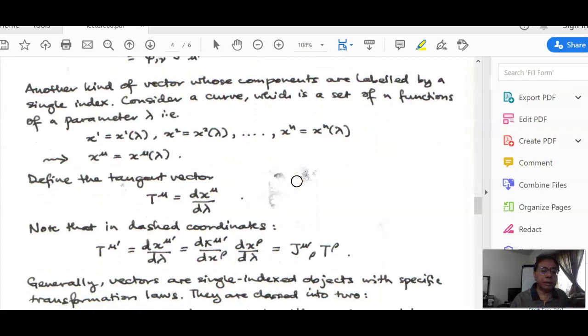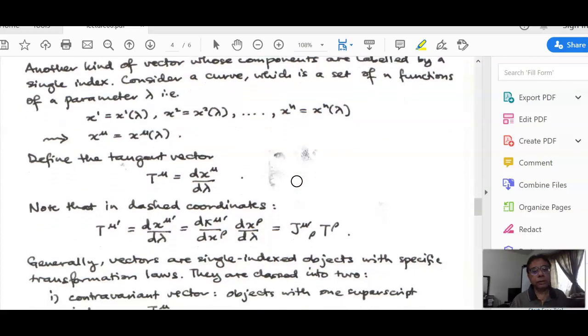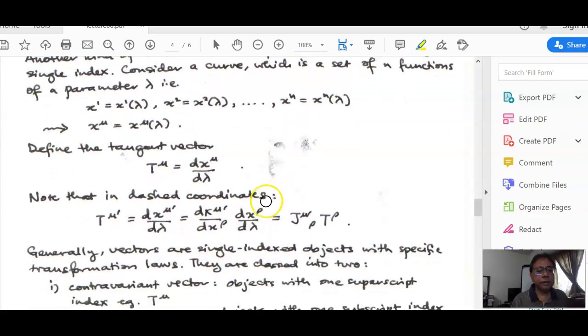So one expects the transformation law to be a bit different. If we write it in the new, dashed coordinate system, we use the chain rule again, and you find that this gives you the Jacobian matrix J^{μ'}_ρ times T^ρ.